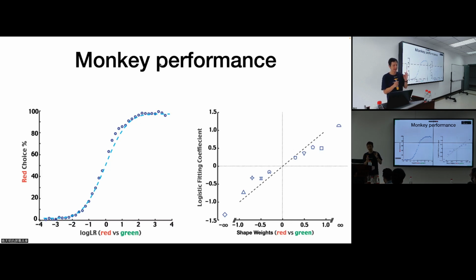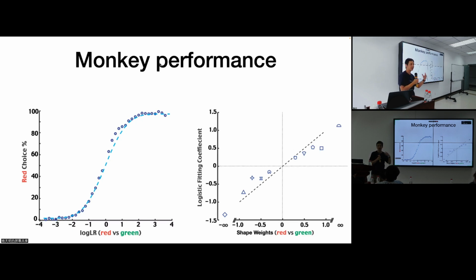One possibility is that the monkey is doing something called probability matching. Let's say the red target is 80% correct, and the monkey chooses the red target 80% of the time. That has been shown in many animal behavior tests, in which the animal tends to match the probability. But that's not the optimal choice. The optimal behavior is to always choose the one with larger probability.